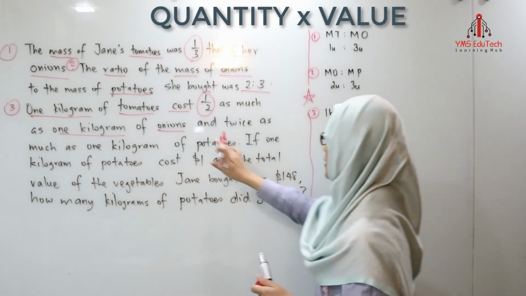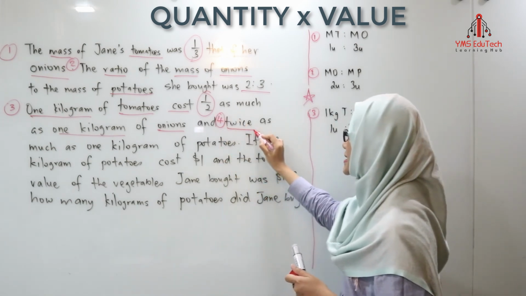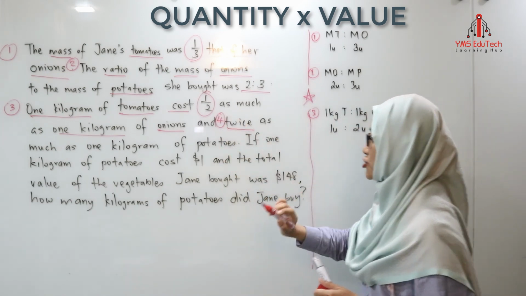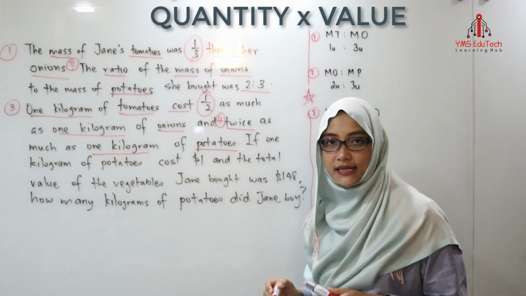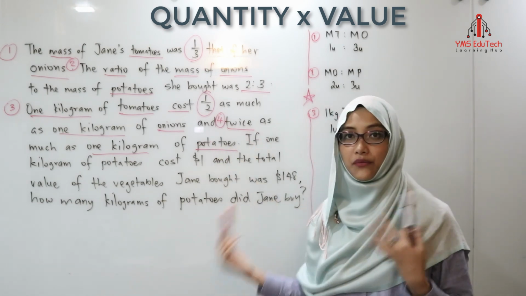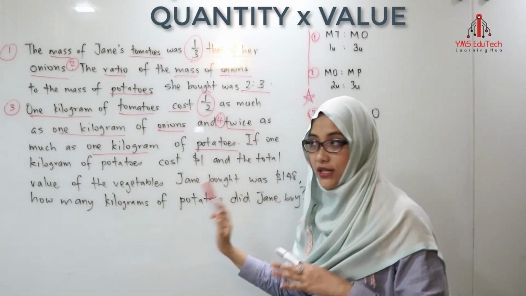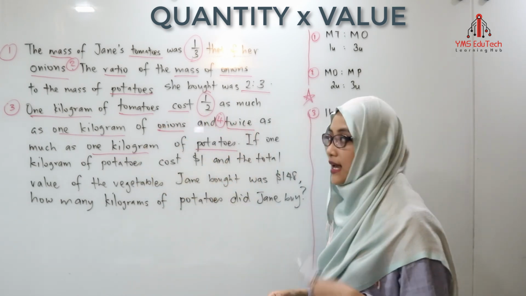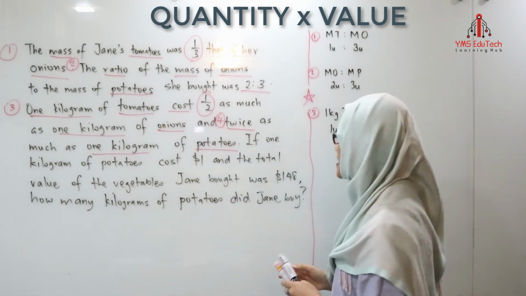Next one, information number 4: and twice as much as 1 kilogram of potatoes. So what is this referring to? We're going to reread the statement again. 1 kilogram of tomato costs half as much as 1 kilogram of onions, and twice as much as 1 kilogram of potatoes. So this "and" is still referring to tomatoes.